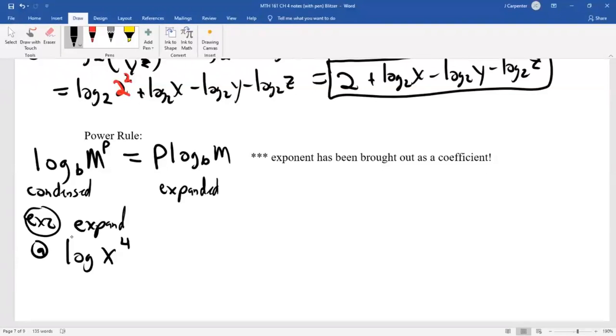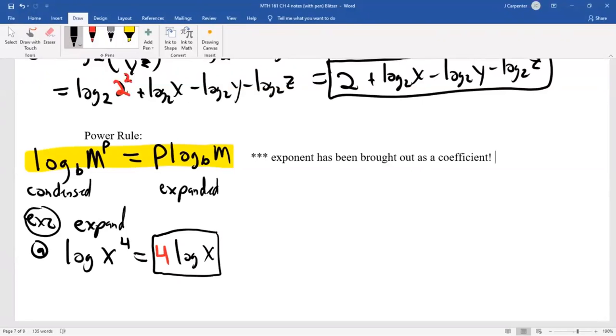However, we have a new property that we can use, which I want to highlight like the rest. So what we're able to do is take this 4 and bring it out front as a coefficient, and then everything else just stays the same. And that's it. That's the expanded version.